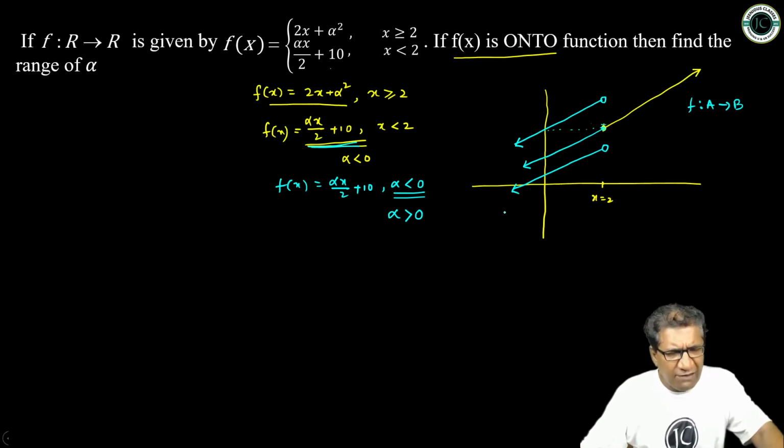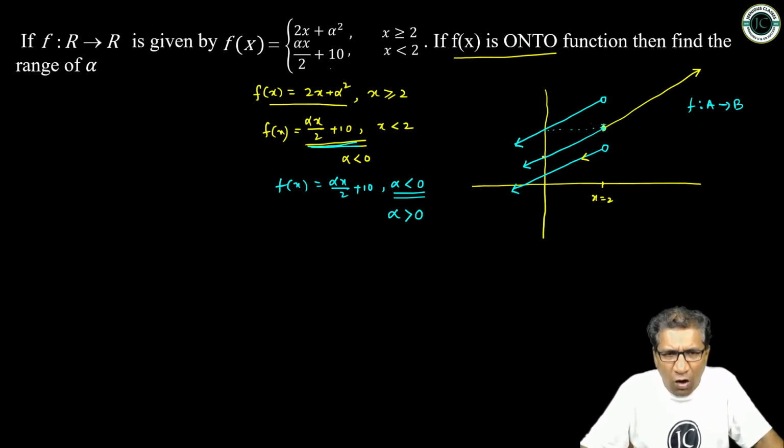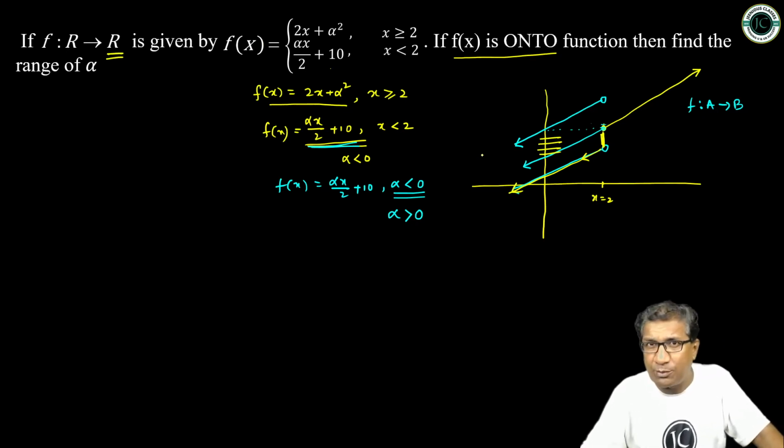Now observe very carefully, if I choose this line, is it true? Can the straight line look like this? The answer is no. Why is it so? Because if I choose this line, then between these two values there are a lot of y's, because here the codomain is any real value.